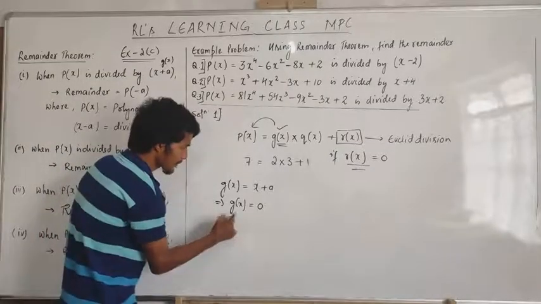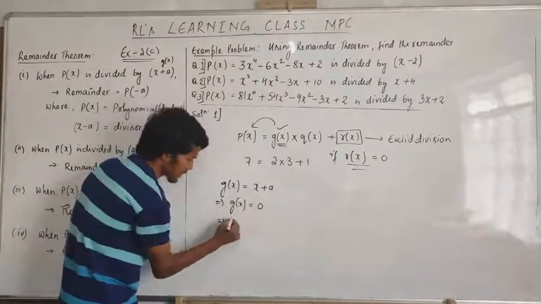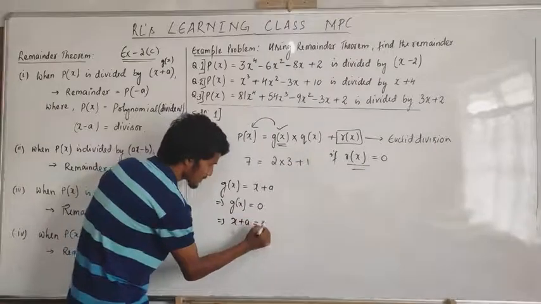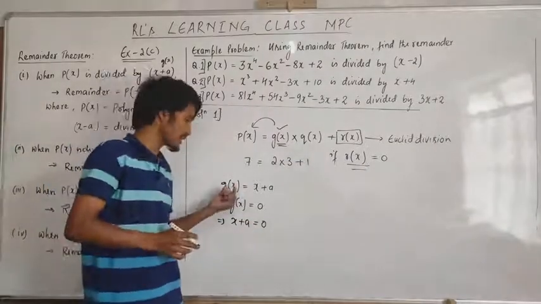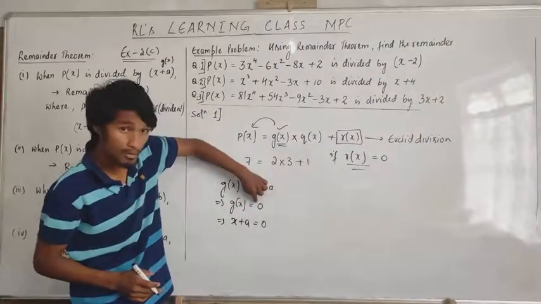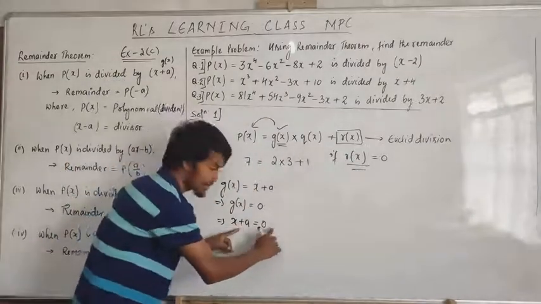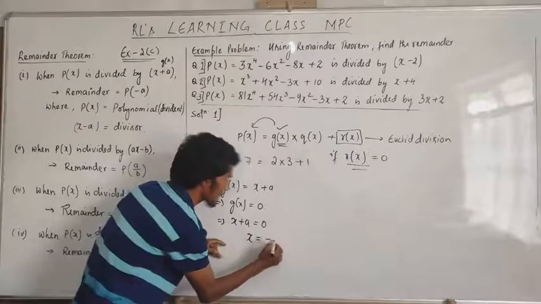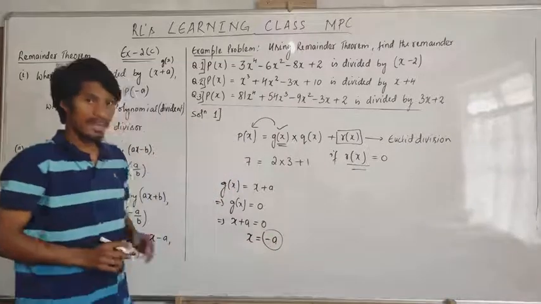Then we get G of X, that is X plus A, equal to 0. Just consider that G of X is equal to 0. Then X plus A will become equal to 0. Now if I take this plus to the other side, then we get X is equal to minus A.